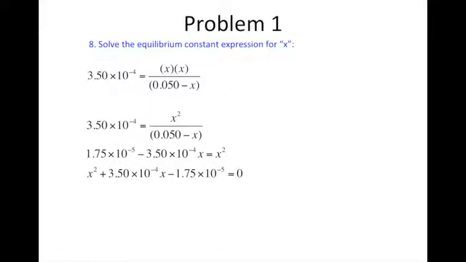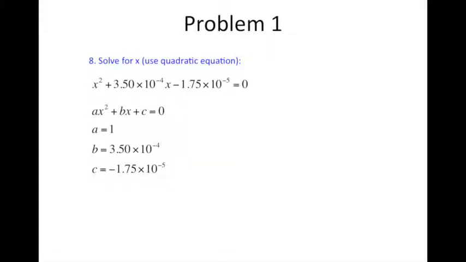In this case, we're going to need to use the quadratic equation. So I've just gone through the algebra here to get everything in the correct form: ax squared plus bx minus c equals 0, so we can use the quadratic. Again, I went through that kind of quickly, so pause the video and be sure you understand those steps.